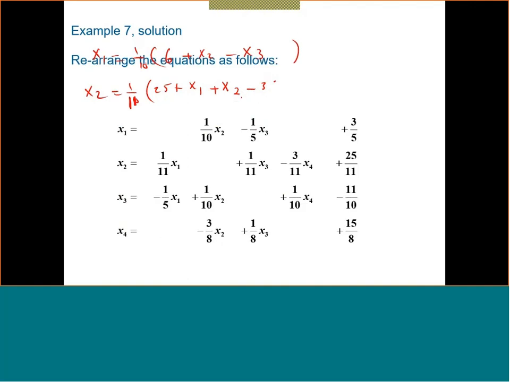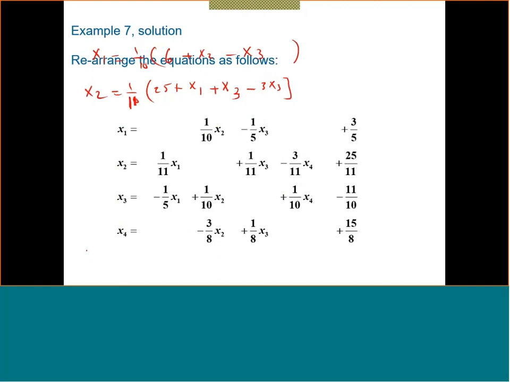I don't need to waste time, so here are the equations that we will have. Of course there's no x2 on this side, this has to be x3, and then minus 3x4, and so on and so forth. We are done; we have rewritten the equations.